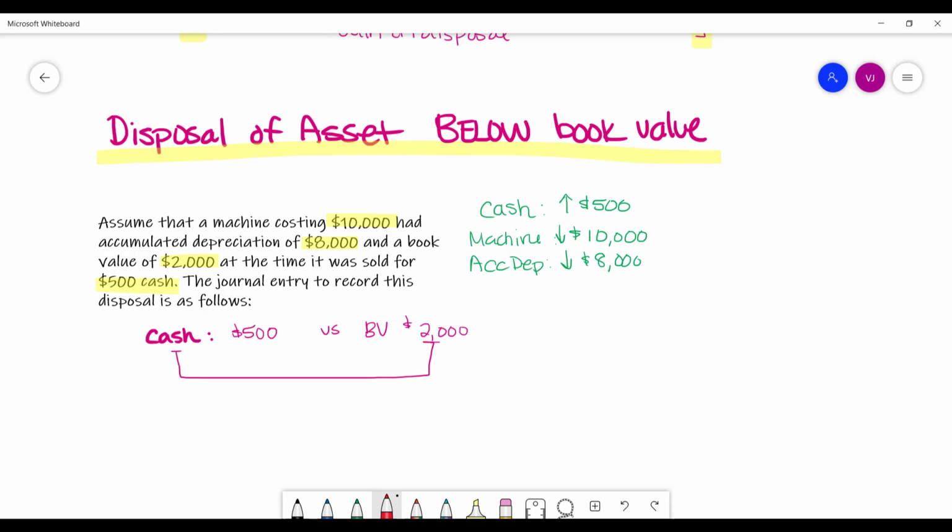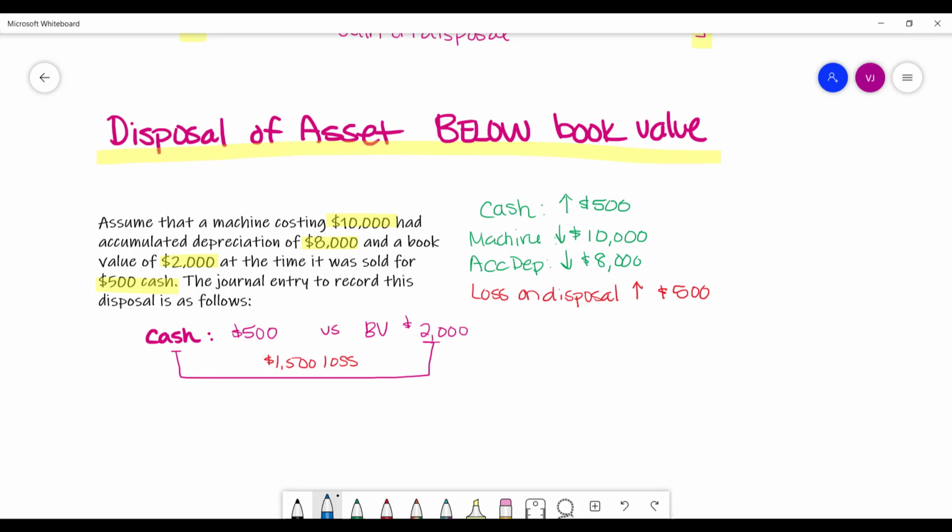So we're getting $1,500 less here than its remaining book value. So there's actually a $1,500 loss on disposal here. So we have a loss on disposal that needs to be recorded.